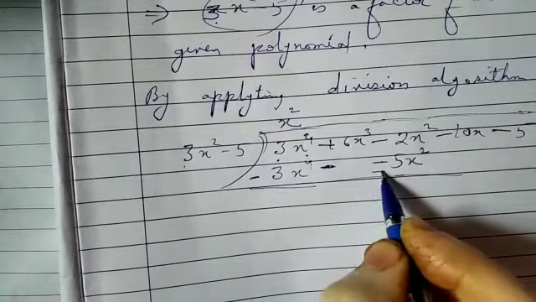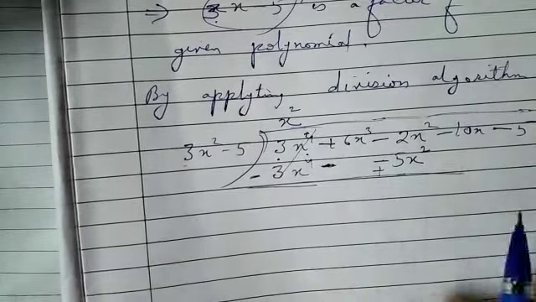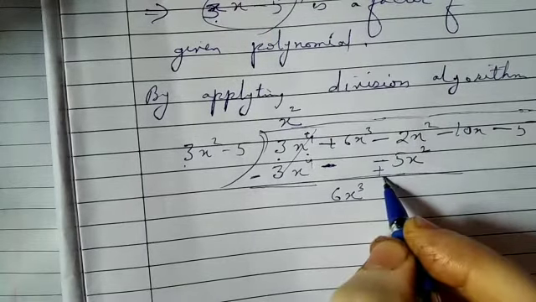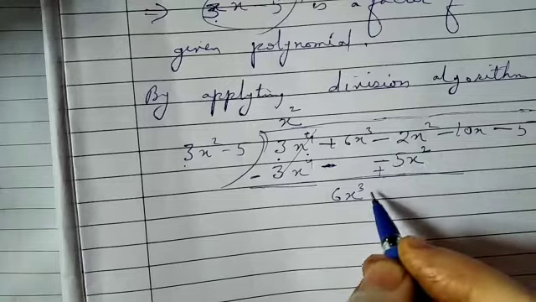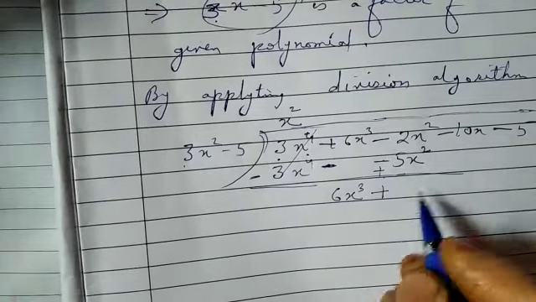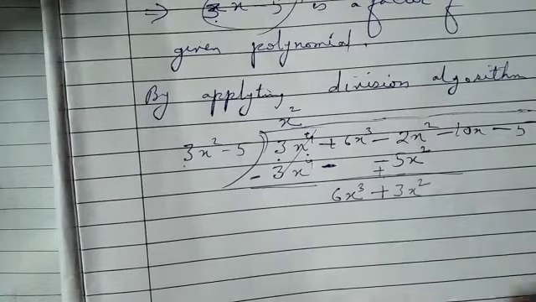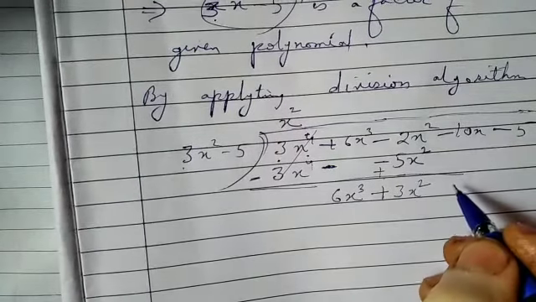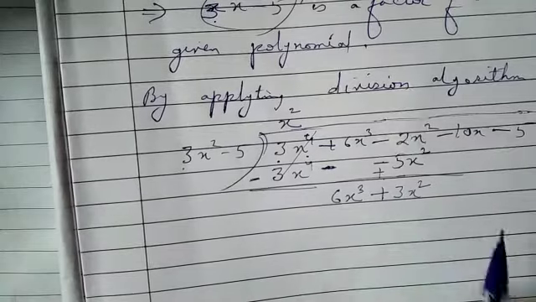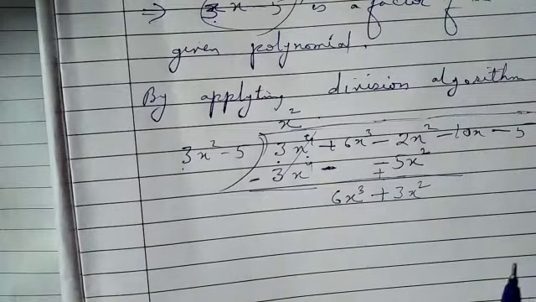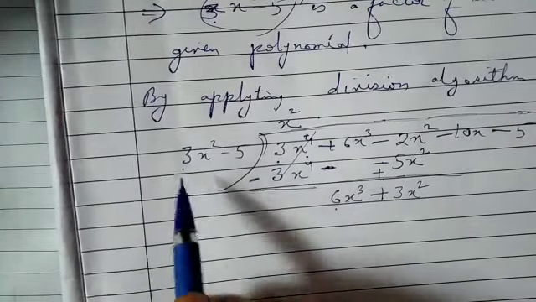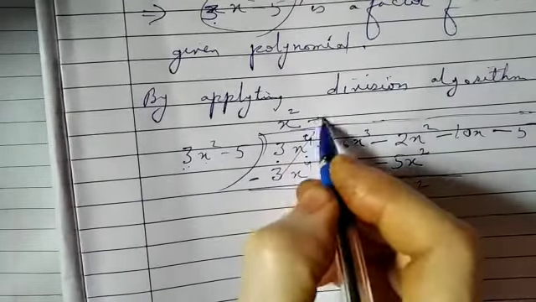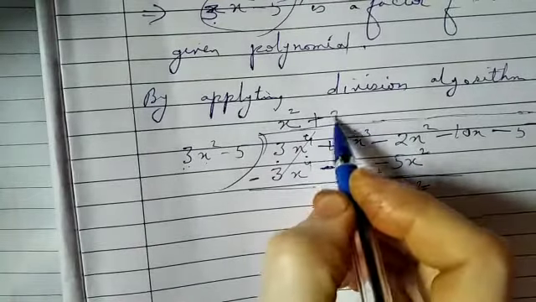This term will be 0. What is left is 6x cube, and 5 minus 2 is plus 3x square. Next term in the quotient: 6x cube divided by 3x square, both positive, gives 2x.